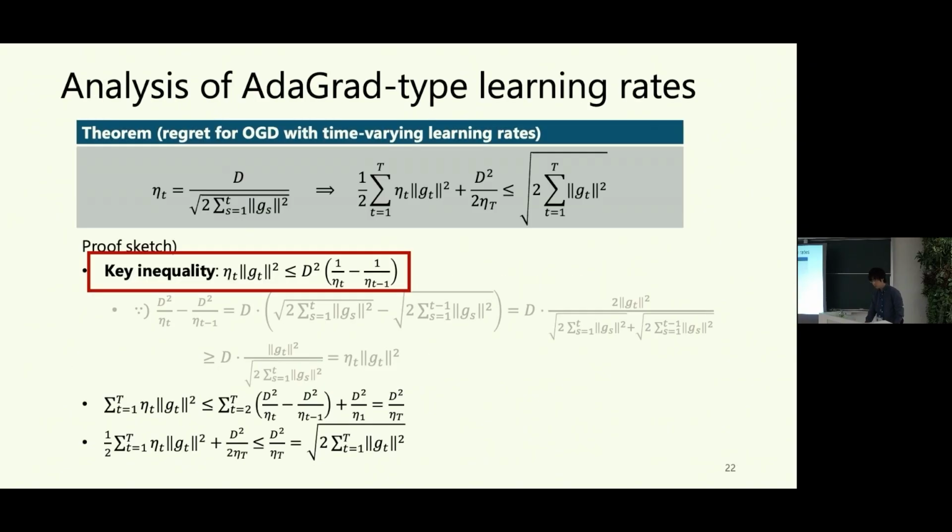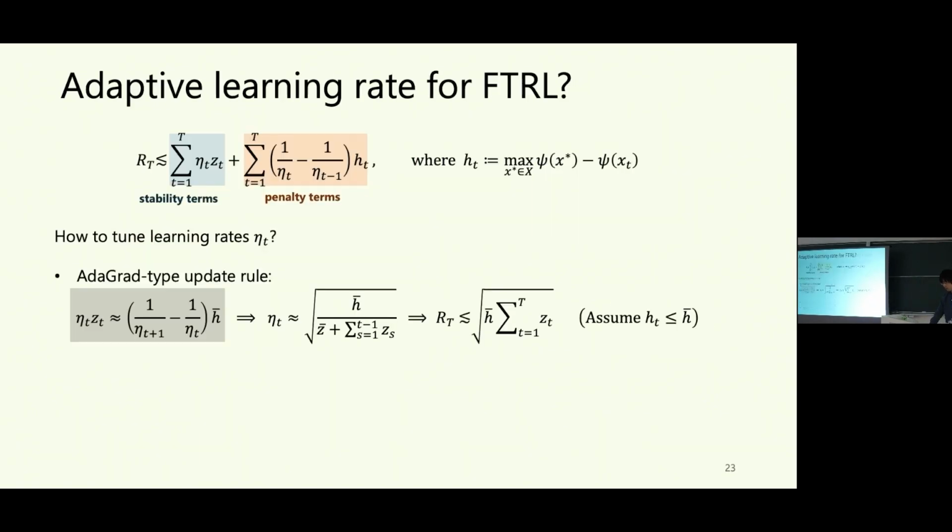Moving on to our approach, I'd like to mention the key conditions of AdaGrad. In the analysis of AdaGrad, the important condition is that each term regarding the gradient norm is bounded by the difference between inverse of learning rates.